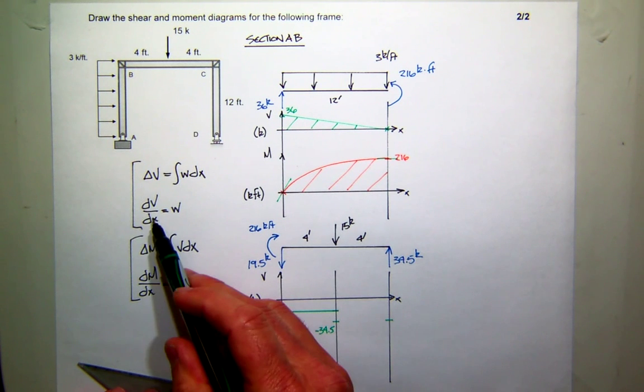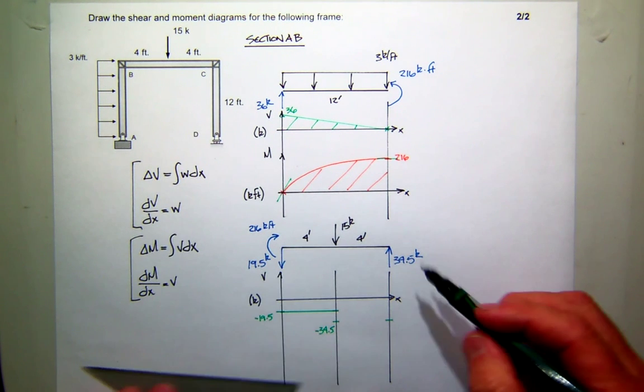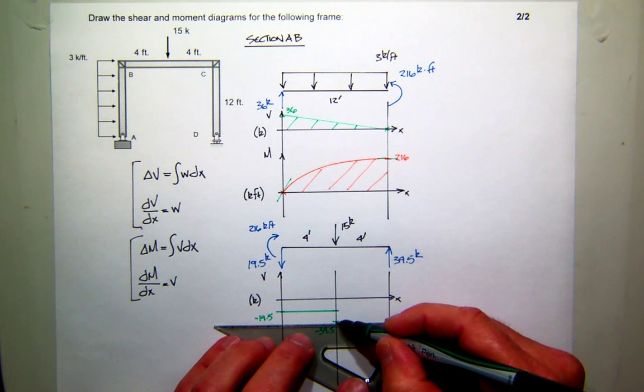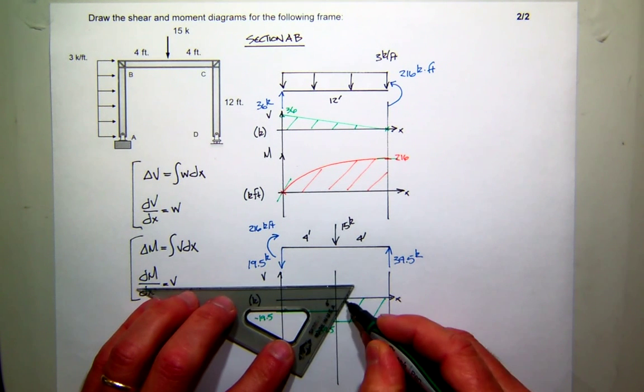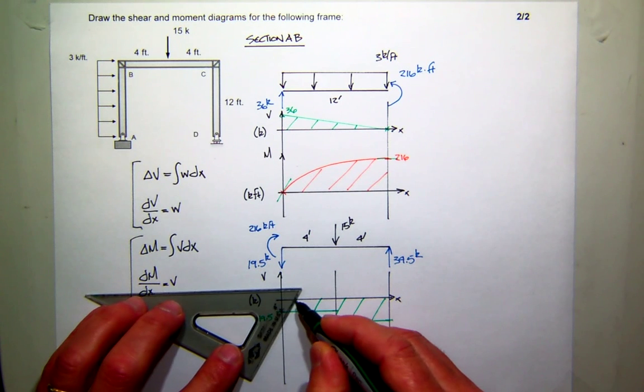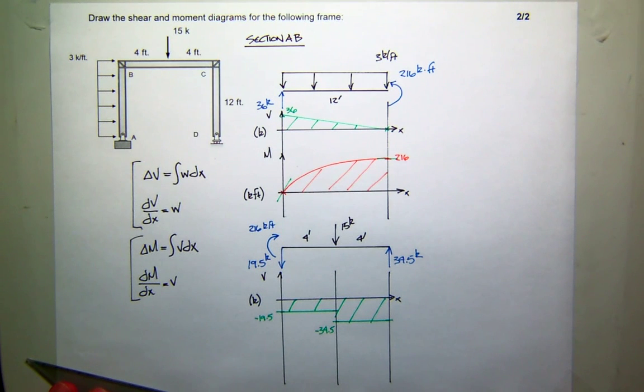Also, the slope of the shear diagram is given by the load. The load is 0, so we have 0 slope. So you get this kind of stepped shear diagram. Okay?